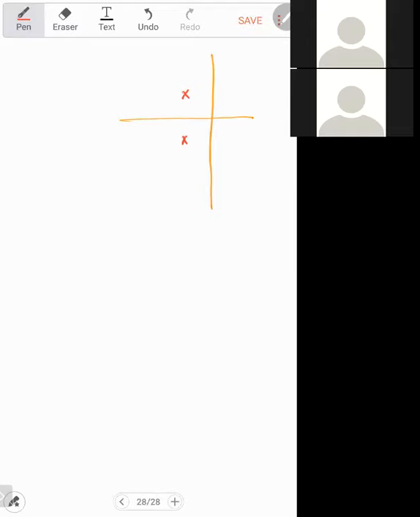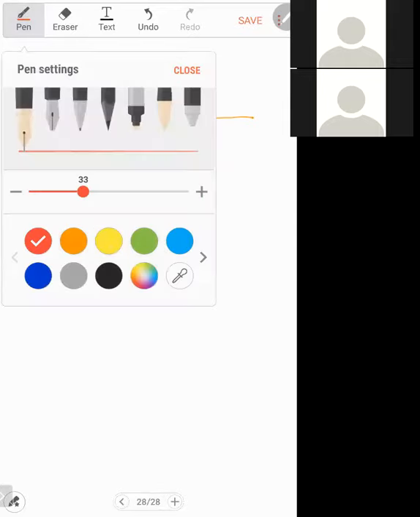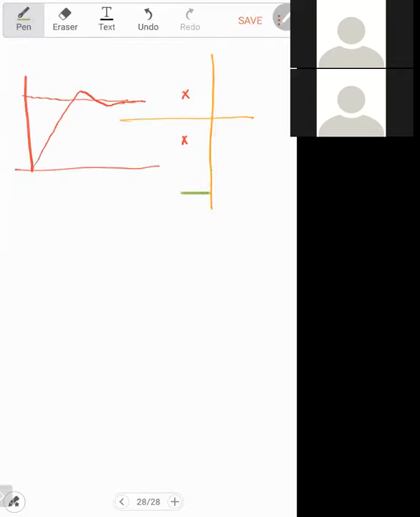In this case, if we plot the response of the system, let's say the unit step response, this is the final steady state position. The system will rise, and then it will come to this point. Now let's see what will happen if the imaginary axis is changed, not the horizontal axis.